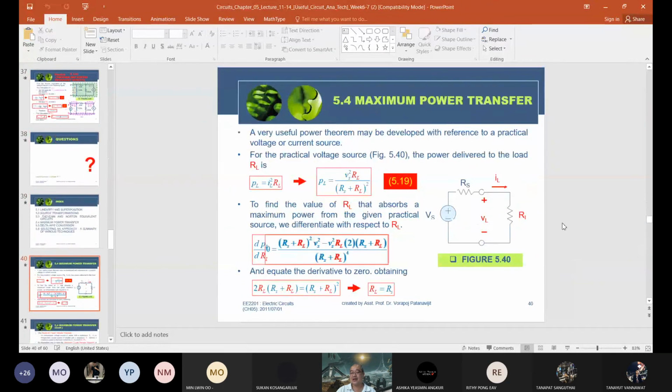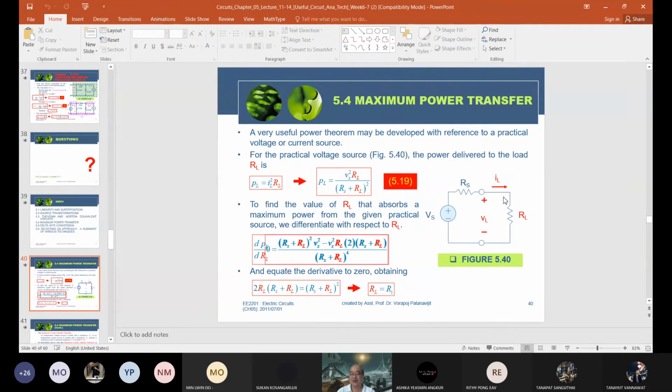Next one. After we know about the Thevenin idea, the maximum power transfer theorem takes advantage of the Thevenin equivalent circuit. If you would like to find the resistance that receives the maximum power from the transmission section, you must determine the Thevenin equivalent circuit first. After you get RTh, you know that RL will receive the maximum power when it equals RTh.